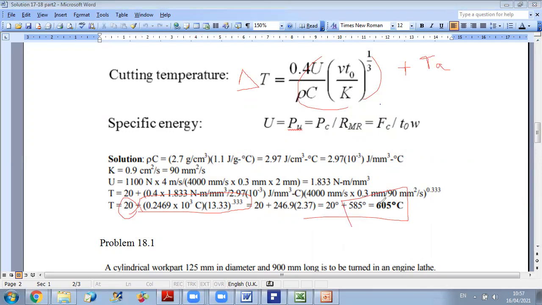It must be temperature in degrees because here rho C is expressed per degrees, and it is on this side, so the degrees go up. The overall unit is degrees because the units of rho C and U are the same, so only the degrees remain when you simplify here. And V T0 over K has no unit, so the overall unit is degrees.